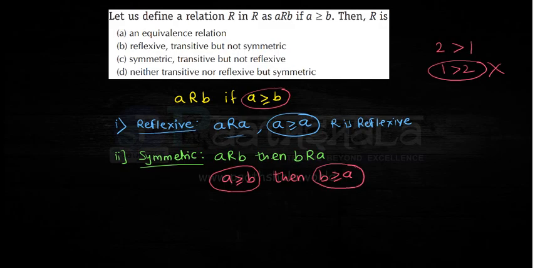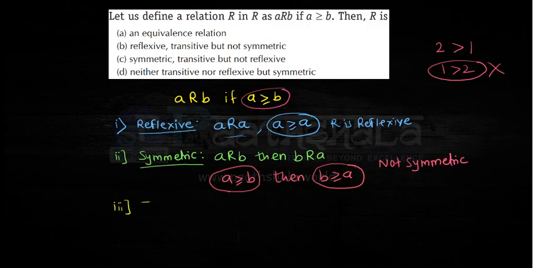Hence, the relation is not a symmetric relation. In the case of reflexive, we consider only the equal part, but in the case of symmetry, we have to consider the greater than sign as well. For the greater than sign, it is not symmetric because A is greater than B, but B is not greater than A. Hence, the relation is not symmetric.